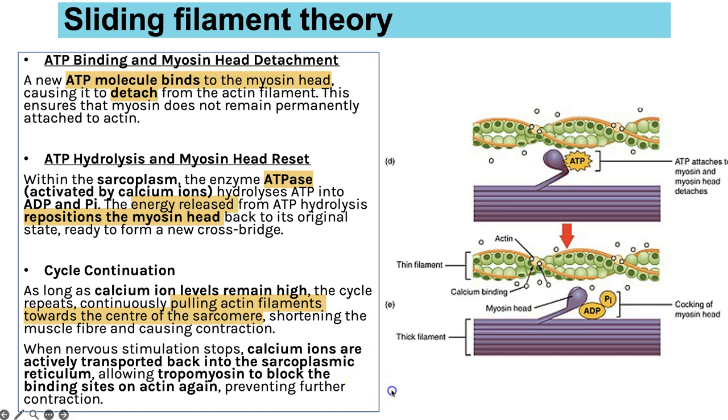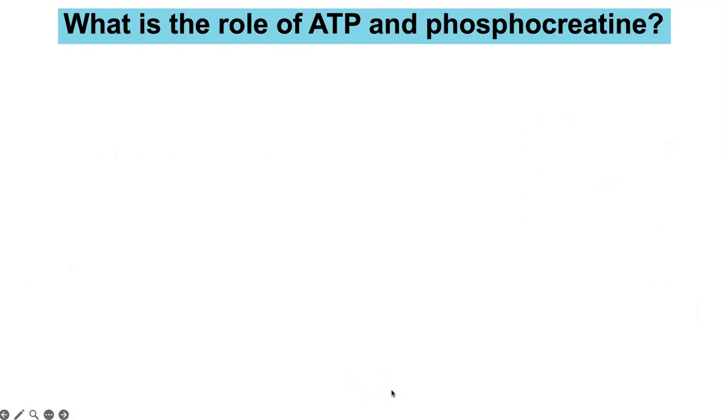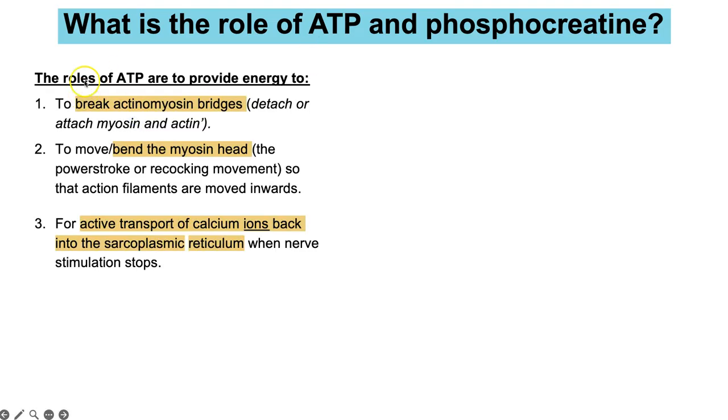So let's go through some common exam questions or themes that come up in exam questions linked to this topic. One of which is you could be asked to describe the role of ATP or phosphocreatine. So here are your key roles of ATP in the muscle contraction we've just gone through. So number one, it provides the energy to break the actin and myosin bridges, or in other words, the myosin can detach from the actin.